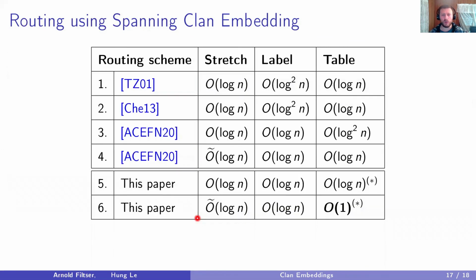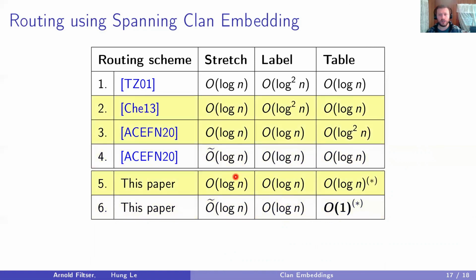Just to compare it to the previous state of the art. In the regime where you want stretch log n, we improve over the previous work of Abraham et al., getting the same label size and a table size which is just a constant, while they have log n. However, of course, this is only in expectation, while their table size is worst case. Note that our labels are also worst case.